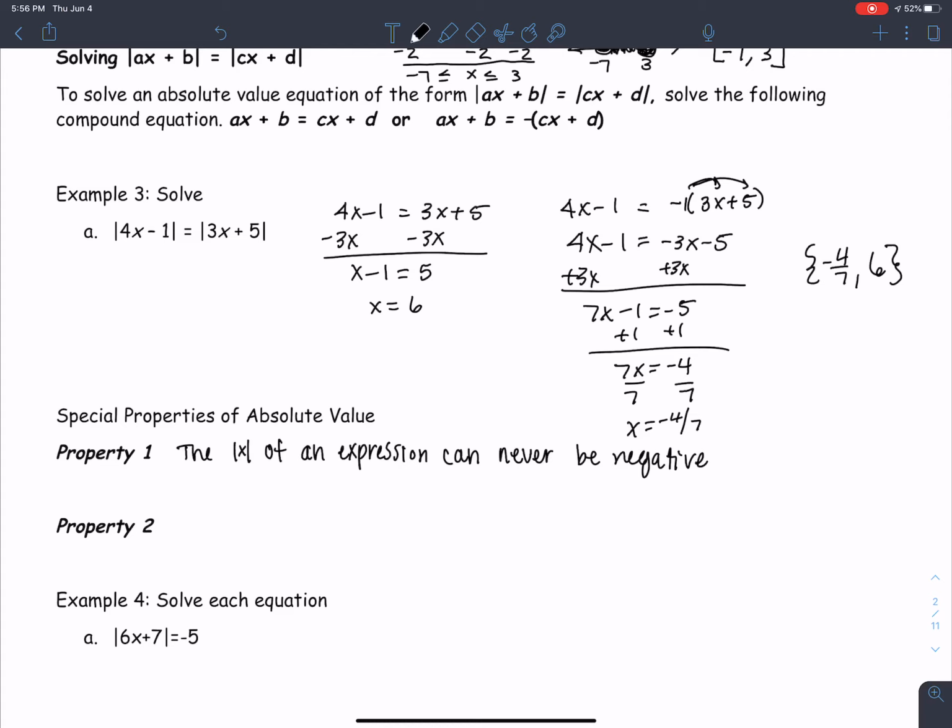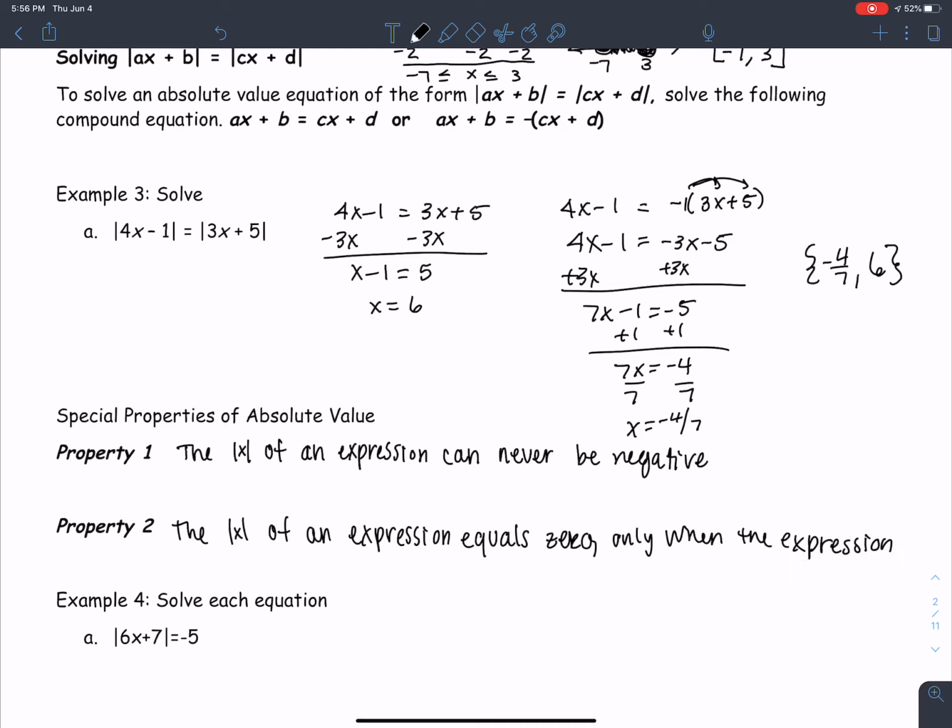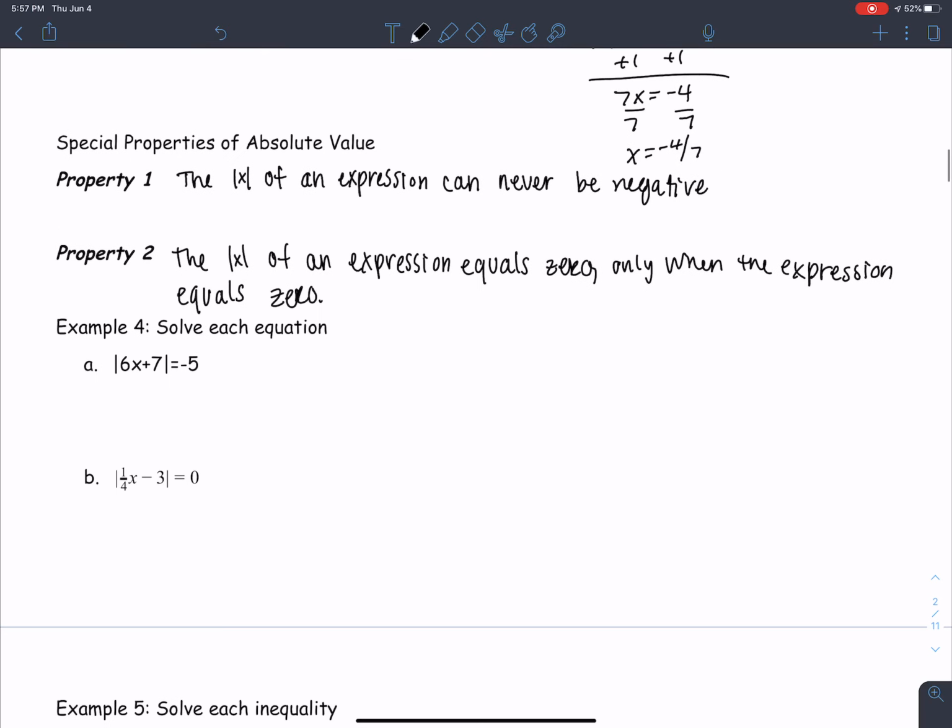Property 2: now this property isn't going to make sense, but the absolute value of an expression equals 0 only when the expression equals 0. It's kind of a "duh," but it just needs to be said. It's just a property, but it'll make sense when we do it.